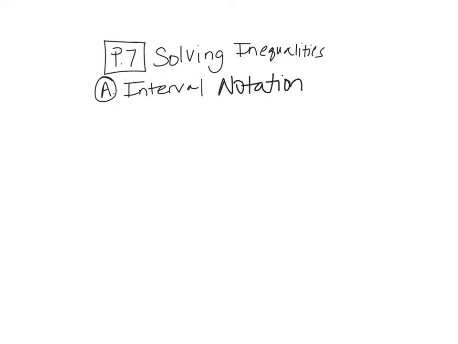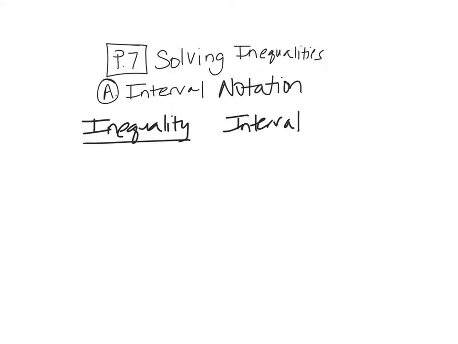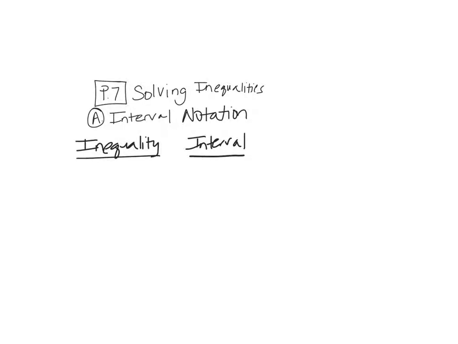Okay, here's what interval notation is. Let's start with something that you know. We're going to write the inequality in inequality notation. We're going to go ahead and translate that to interval notation, and we're going to draw the graph of it. This is not an XY graph.